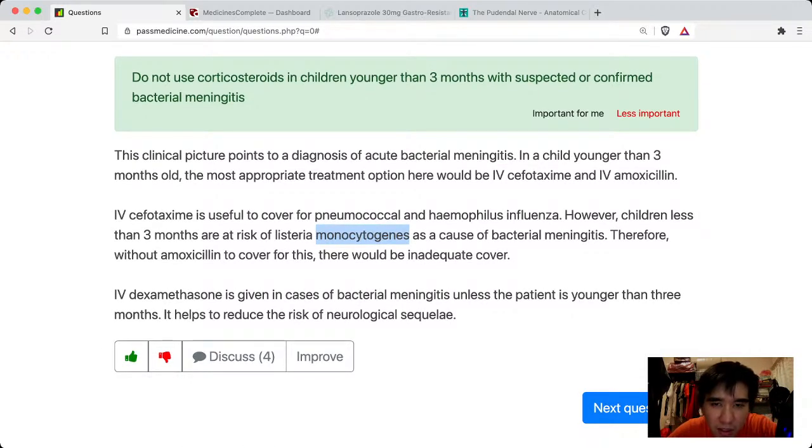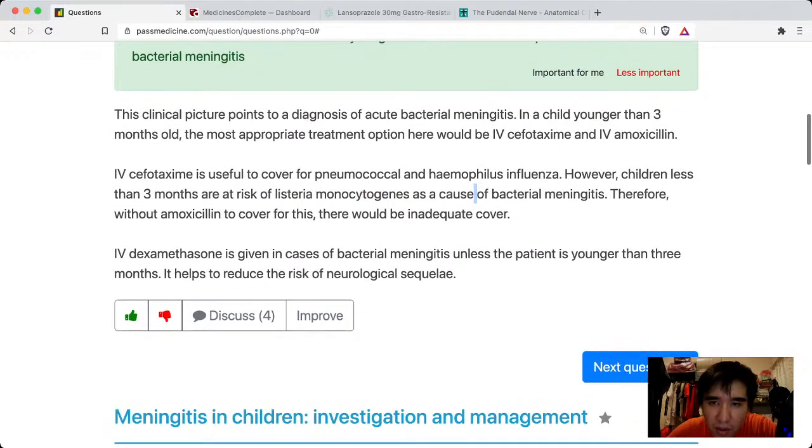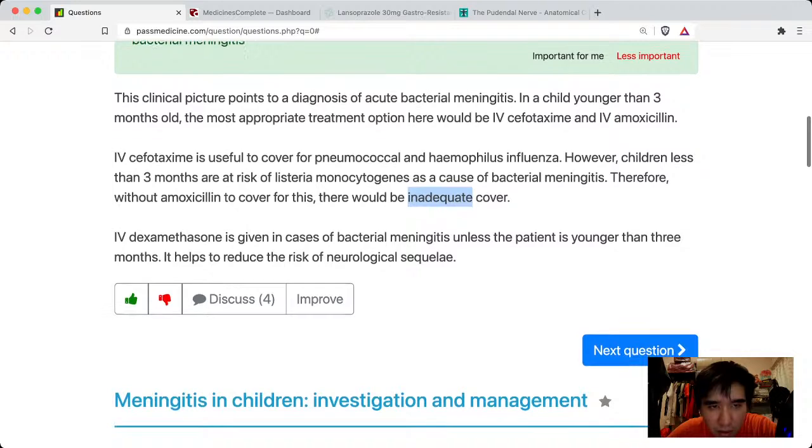E for E. coli, L for listeria, G for... gonorrhea? No, I don't think so. Anyway. Therefore, without amoxicillin, there would be inadequate cover. So for less than 3 months, you want to add amoxicillin to cover for listeria.